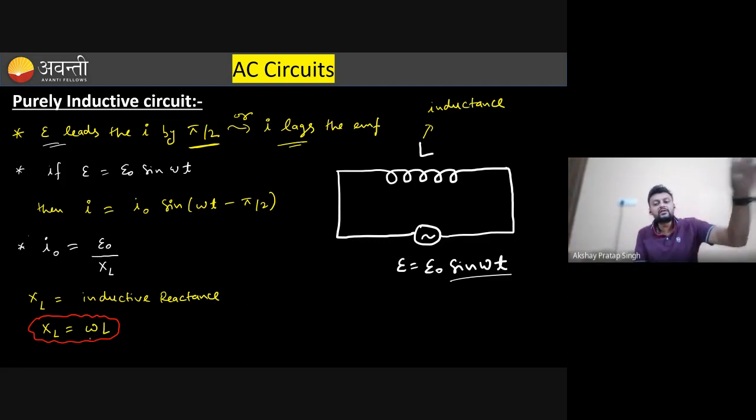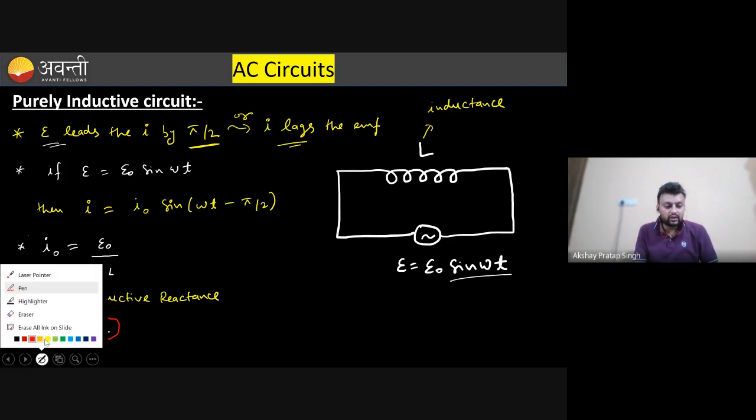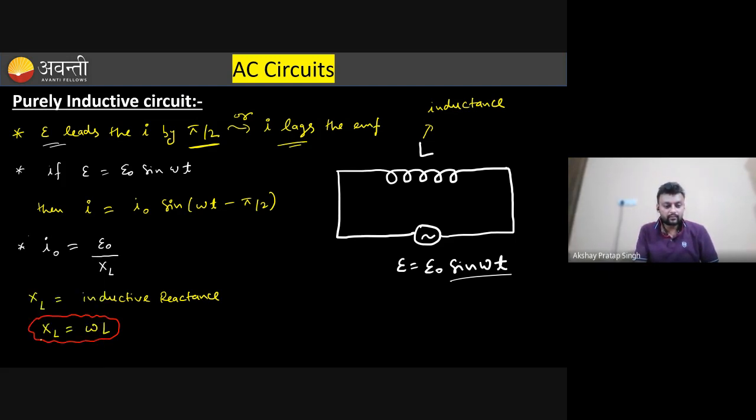Omega is the angular frequency of the source. And XL is inductive reactance. Its unit is what? Anybody knows the unit of this inductive reactance? Very good. Unit is ohm. Kumar is saying ohm. Very good. So I agree with Kumar.